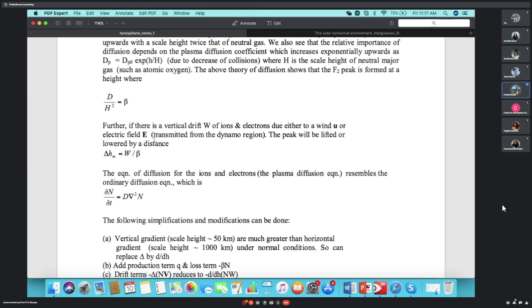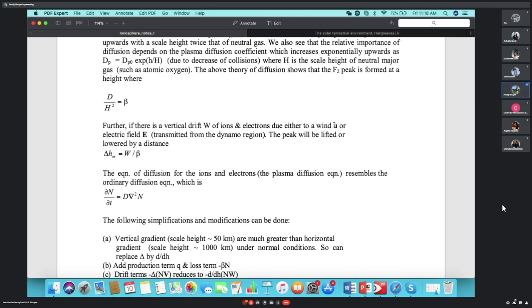Similarly, as all of us know, the electric field is always denoted by capital E, and the magnetic field by B or H. So wind is denoted by U. If we consider that there is some wind blowing from one place to another, there will always be a wind at thermospheric height, and at lower heights also the neutral wind circulation is there.